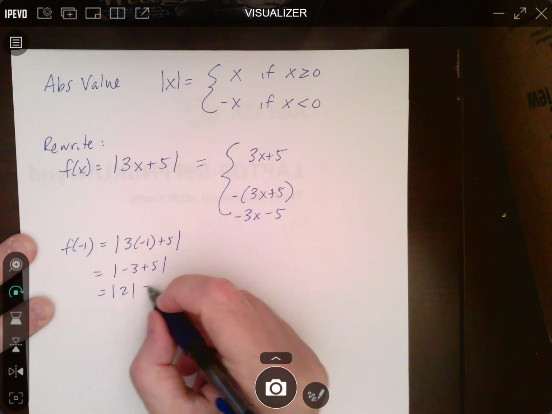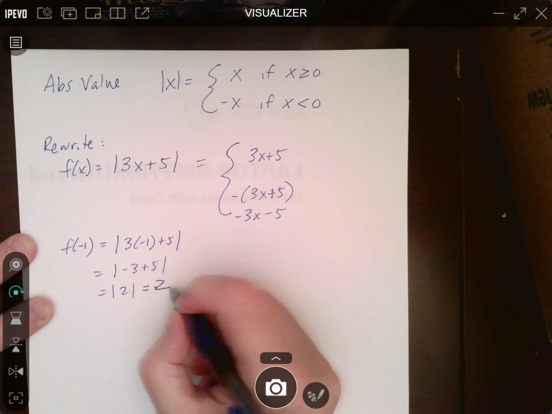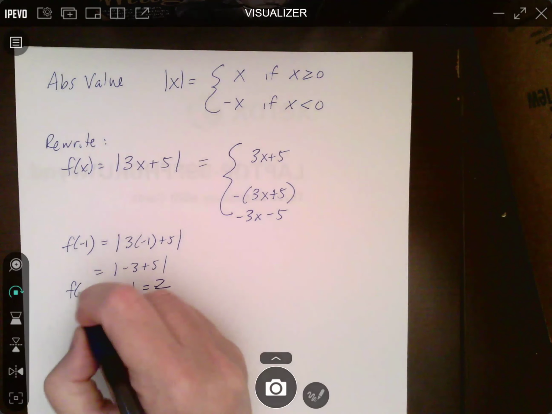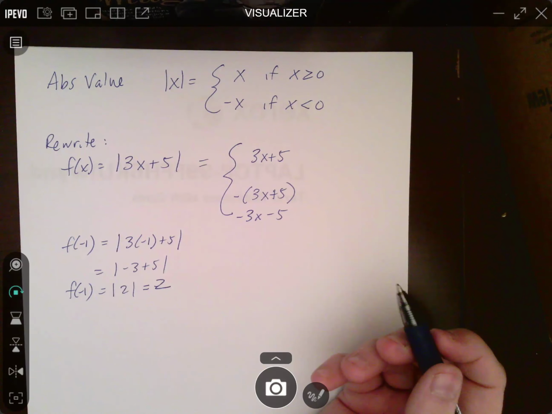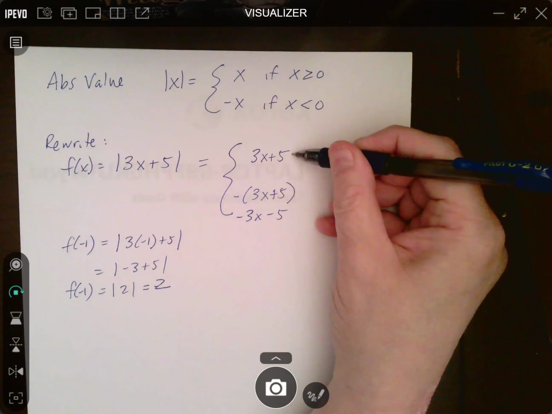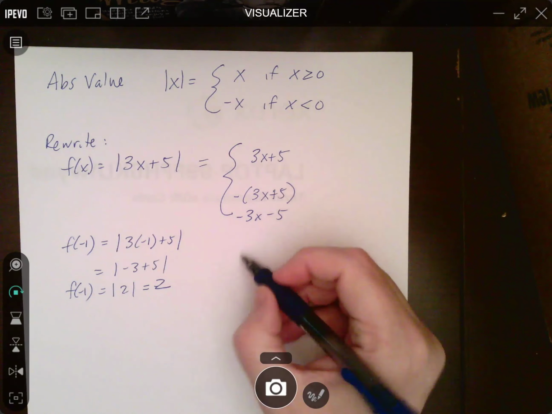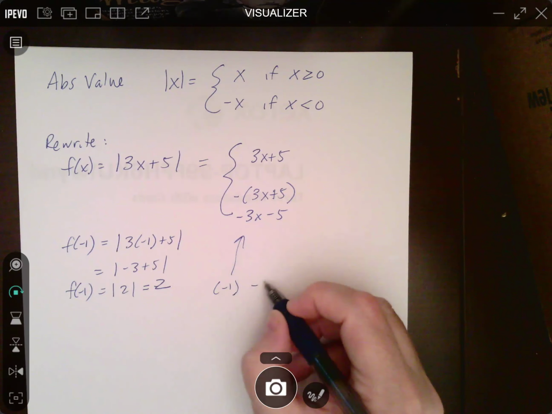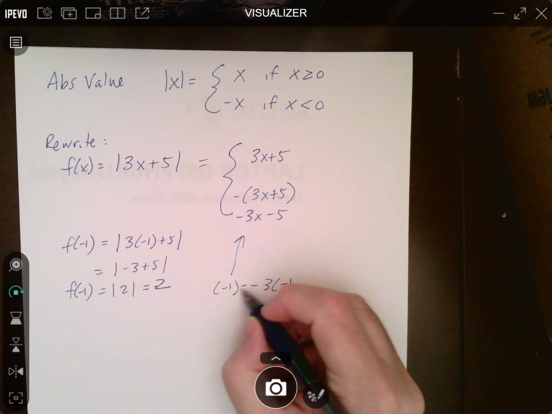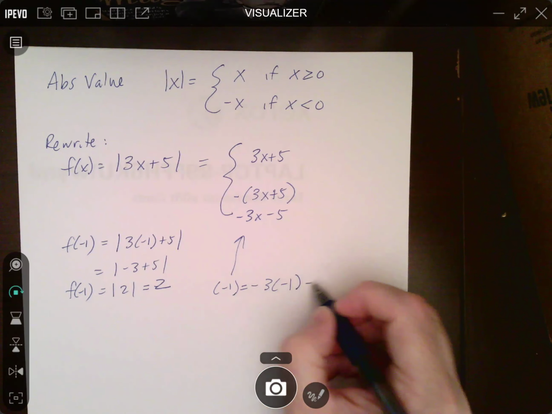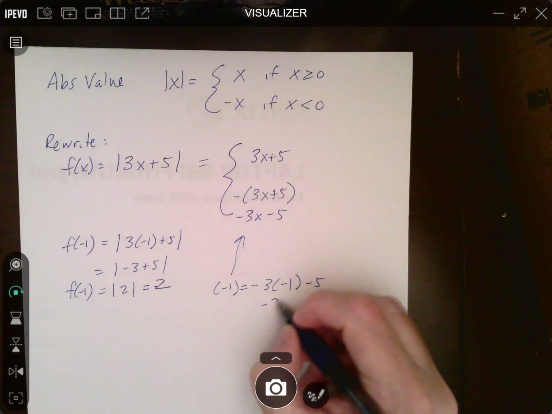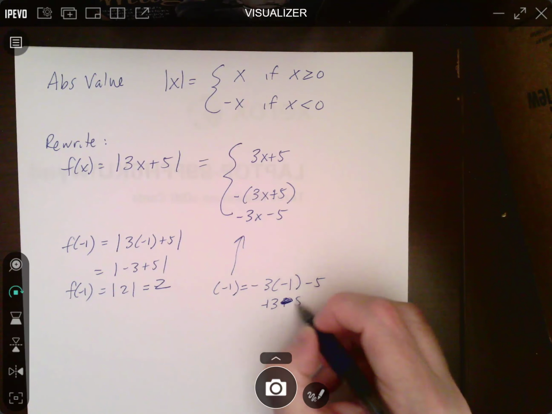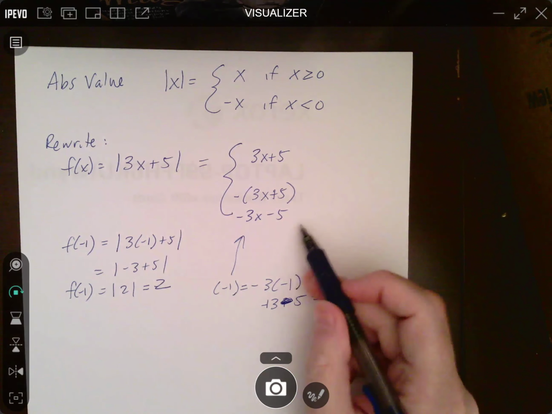So f of -1 equals 2. But that's this one. If I put -1 in there, I would have -3 times -1 minus 5, which is 3 minus 5, which would equal -2. So that's the wrong one.